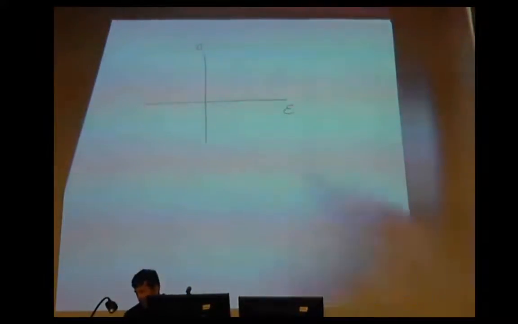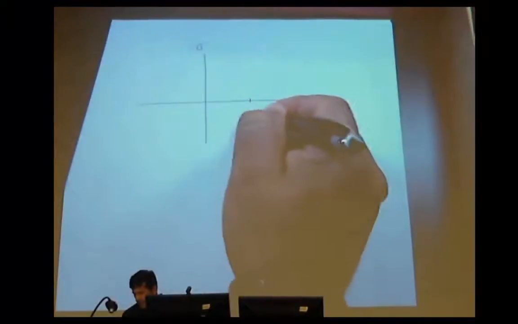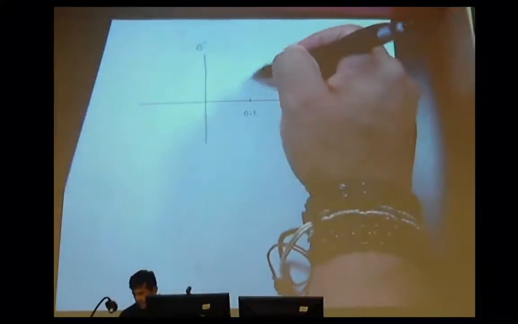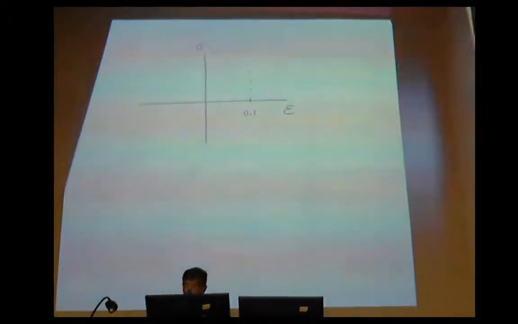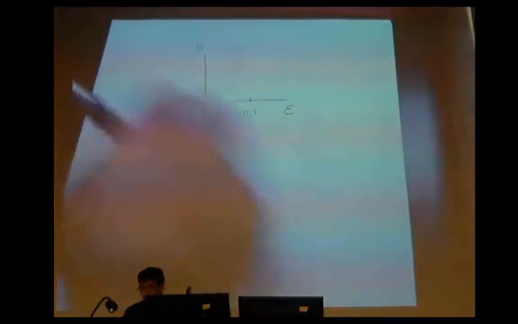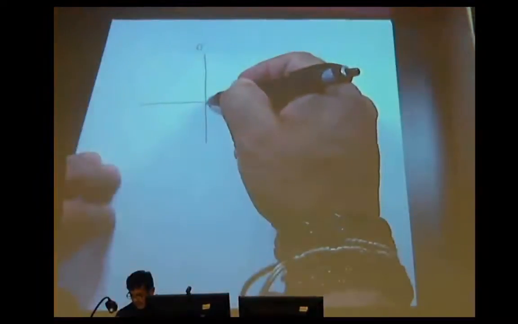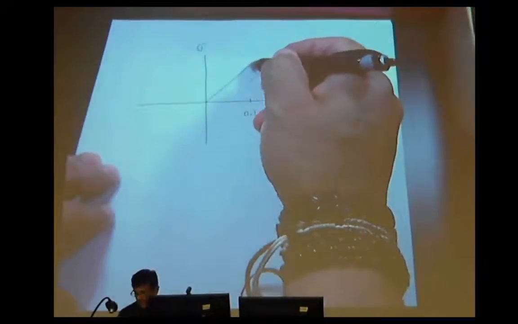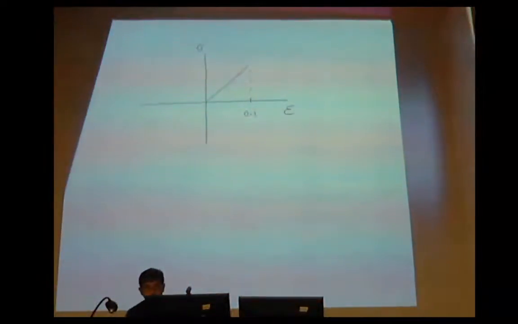Just have 0.1 here. What it means is that the stress-strain curve is linear up to 10%, or up to 0.1.